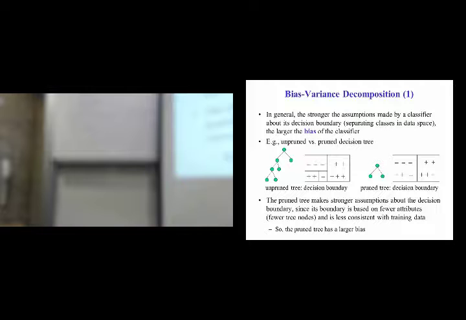And for this one, it's not very fine-grained at all. We just split it into two regions. So this is much more accurate on the training data, but this is much less accurate. But this is prone to what's called overfitting.